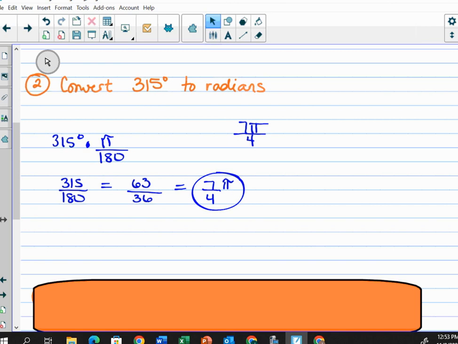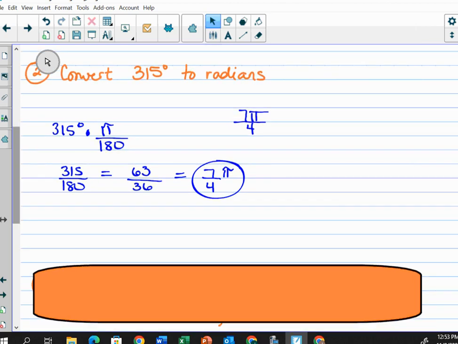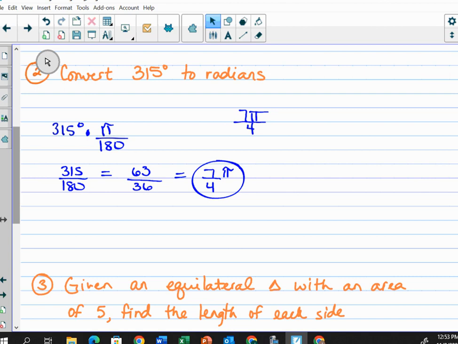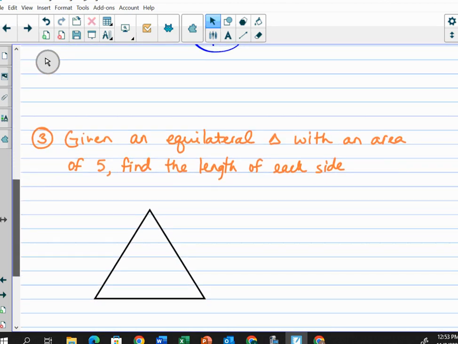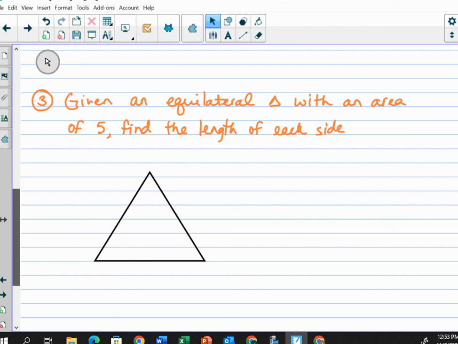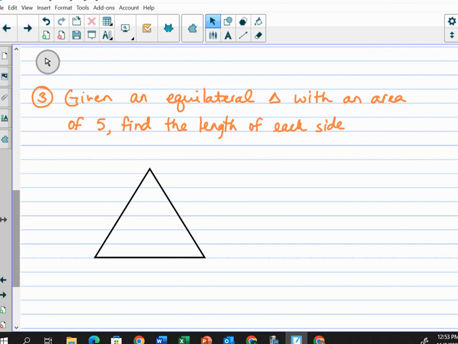All right, guys. One more on our practice. You do need to use some of what you did in the warm-up today with this. This is definitely the trickiest of the 3 questions, so I'll give you a little bit of time to work on it.